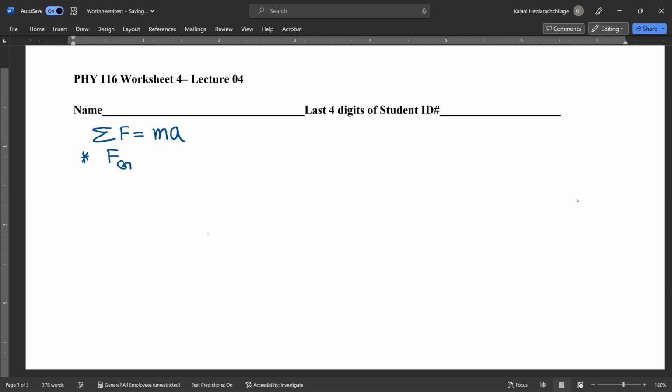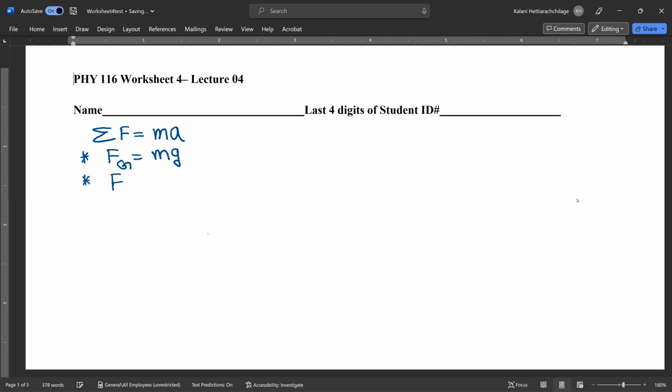The force of gravity is mass times g, so it always has a formula you can use. And also there is a direction: it is always in the negative y direction. That's the important information.